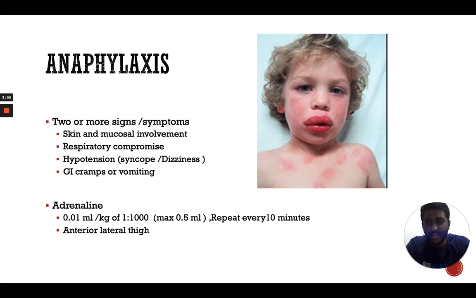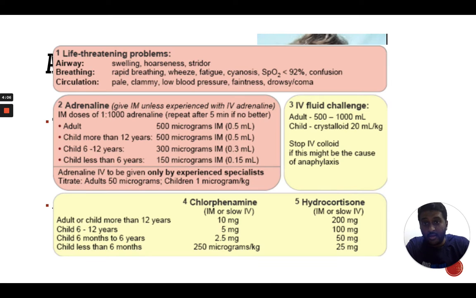Okay. This dosage calculation can be quite tricky, especially when you're managing a very unwell pediatric child and it's very chaotic. This guidance is from the United Kingdom Medical Council.